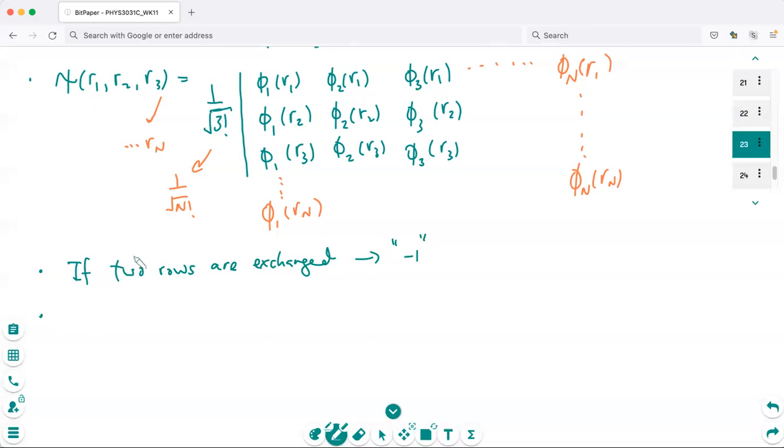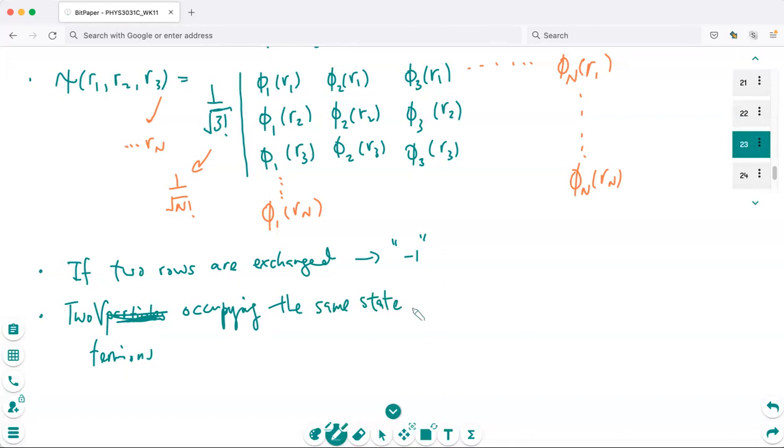What is impacting us is the next statement. So if I let two particles, two fermions, occupy the same state, what do I do in this case?